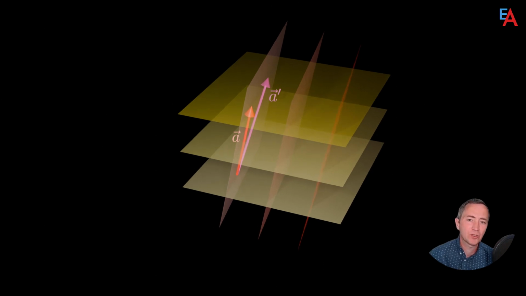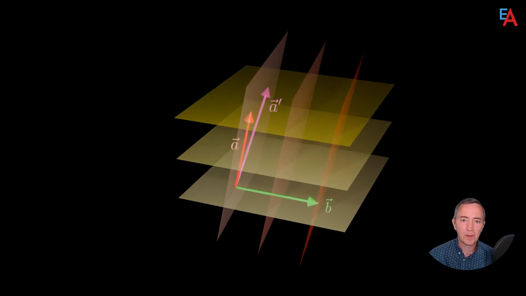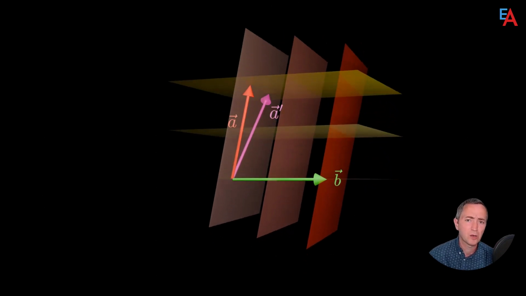And we need last vector which we call B. This time it's parallel to plane of form alpha and crosses exactly 2 planes of form beta. So as the value of form beta on vector B is equal to 2.